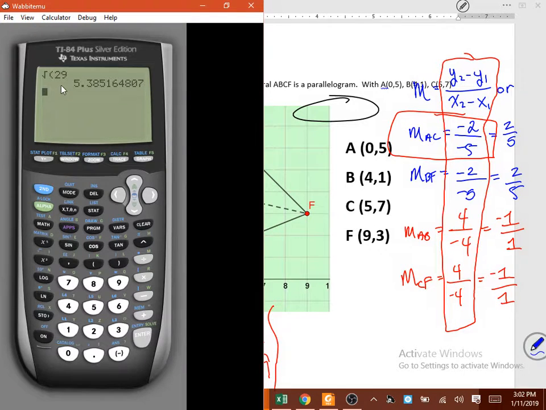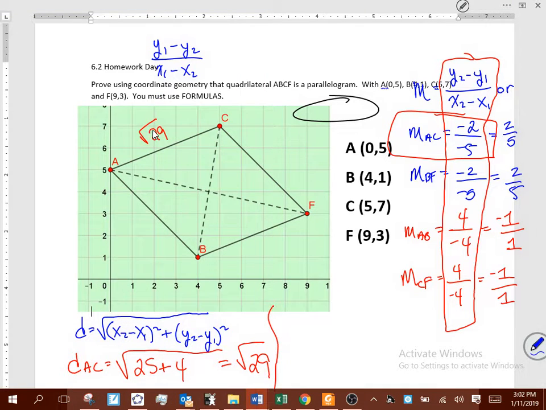But that is not radical 29 anymore. So is that all right with everybody? Leaving it as radical 29 is the best thing to do, because it's exact, and it was kind of the lazy method. I didn't have to grab my calculator and do anything else with it. Okay, so let's now do the opposite, BF. If this is already a parallelogram, we've proven that's a parallelogram, what should that distance be?